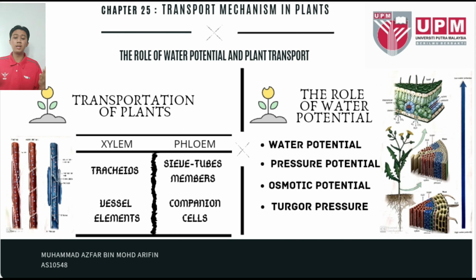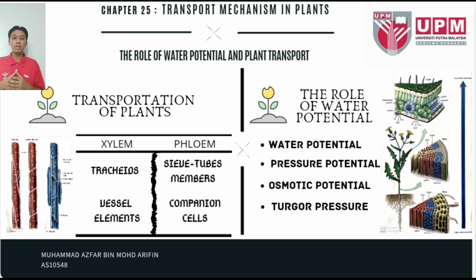So how can they gain their energy to do their metabolic process? Phloem is the vascular tissue responsible for sending the nutrients to the roots for the roots to do their metabolic process.